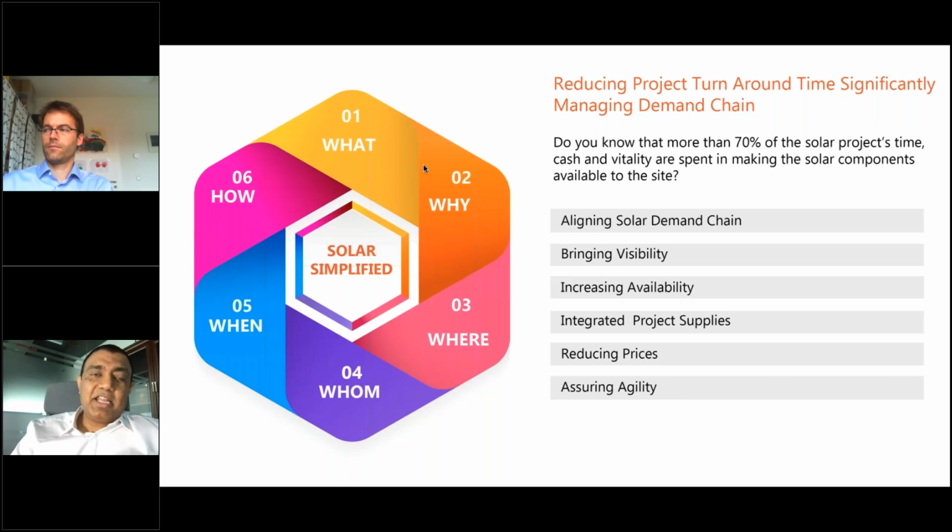And second is the availability, which reduces your project turnaround time. So it gives you a direct impact again on your bottom line, because if by using the same resources you are able to complete more projects, then it is always an advantageous situation as compared to the first one.